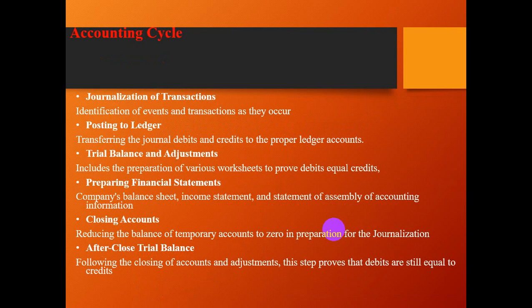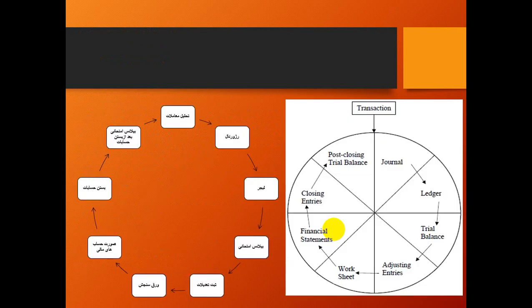That is the accounting cycle. As we said in the definitions, accounting is a process of identifying and recording. Identifying and recording happens in the journal, classifying is in the part of the ledger, and summarizing happens in the trial balance, and the rest is the analyzing, interpreting, and communicating part.